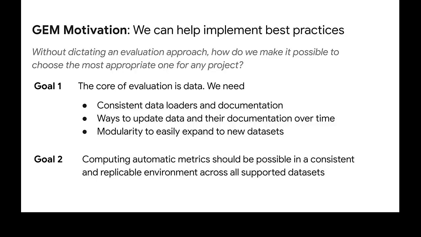The second goal is that there needs to be something in it for people to contribute to the data sets. And that, I think, lies in the metrics, because computing automatic metrics should be possible in a consistent and replicable environment across all of the data sets that are included in this benchmark.